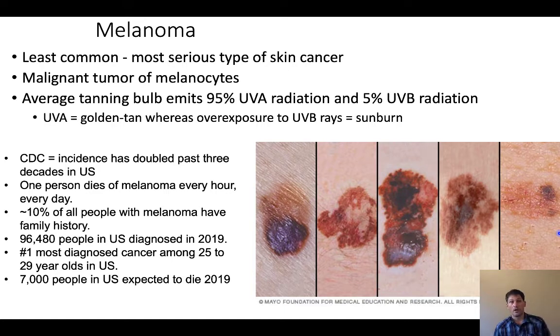About 10% of people have some kind of family history, while 90% is from too much exposure to sunlight. In 2019, about 96,500 people were diagnosed, and that was the number one most diagnosed cancer among 25 to 29-year-olds. So y'all are right around that benchmark, or will be there fairly soon. Keep that in mind.